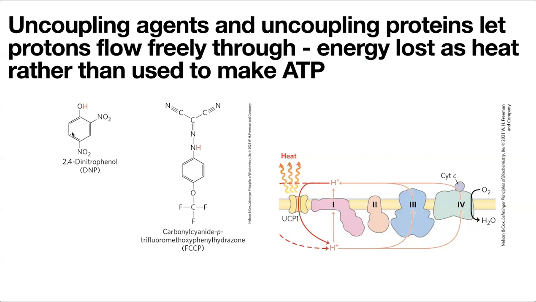Take a minute and look at the chemical structure of DNP, as well as this other uncoupling agent, FCCP. Highlighted in red is a sort of hint. How might these compounds be able to take protons through into the matrix, through that inner mitochondrial membrane, bypassing the need for ATP synthase?